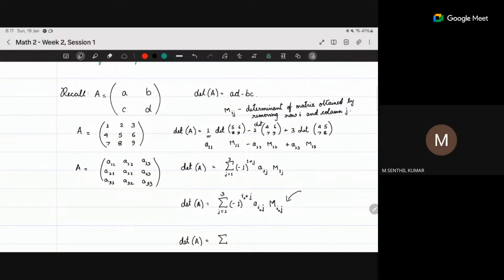All right. So with this notation, you'll have A11 M11 minus A12 M12 plus A13 M13.